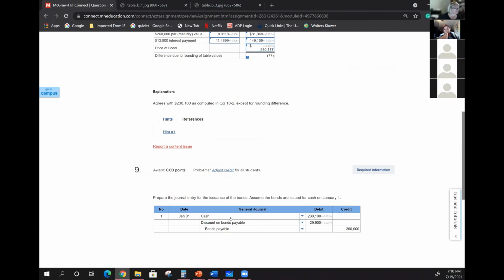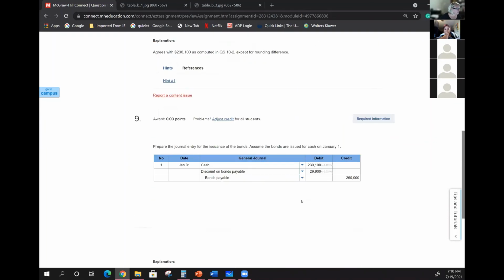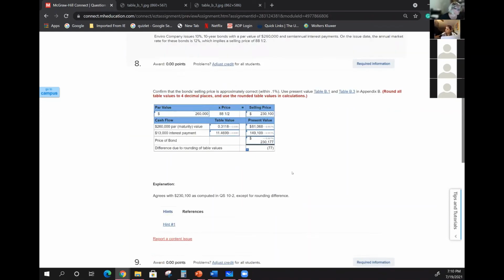And then we're selling for a discount, so we're going to have a debit for the difference between the 230,100 and the 260, so that's 29.9. And then the bonds payable has to be for the face value, which is 260,000.